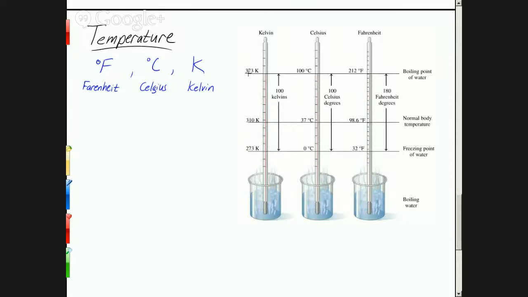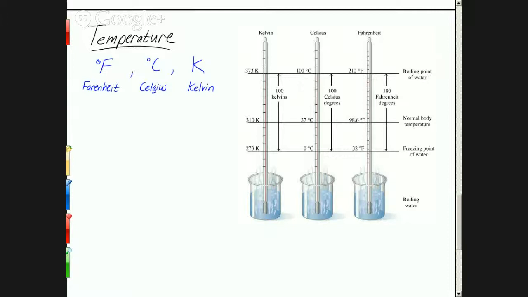You're going from 273 to 373. That's 100 separations, 100 gradations. In Fahrenheit, you're going from 32 to 212, which is 180. So it's like you're splitting it up into 100 pieces, or you're splitting it up into 180 pieces. If you split it up into 180 pieces, each piece is smaller. And then we've got this weird offset because Celsius, freezing point of water, is 0, but Kelvin it's 273, and Fahrenheit it's 32.